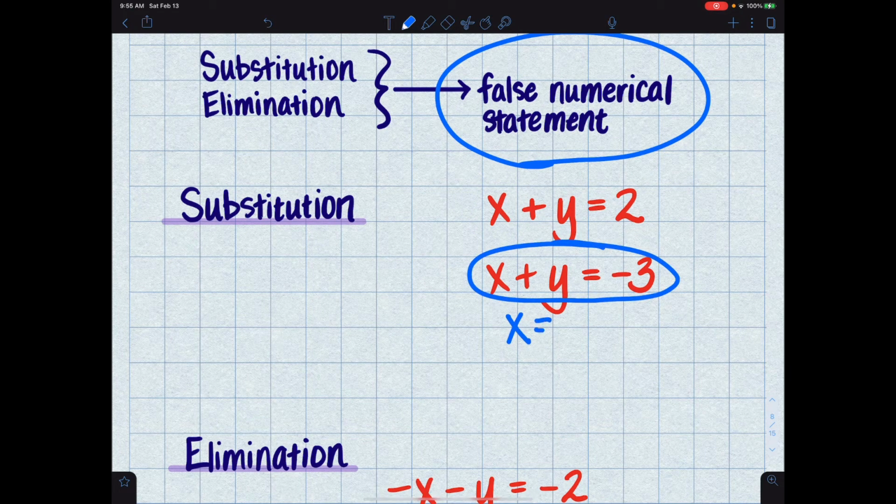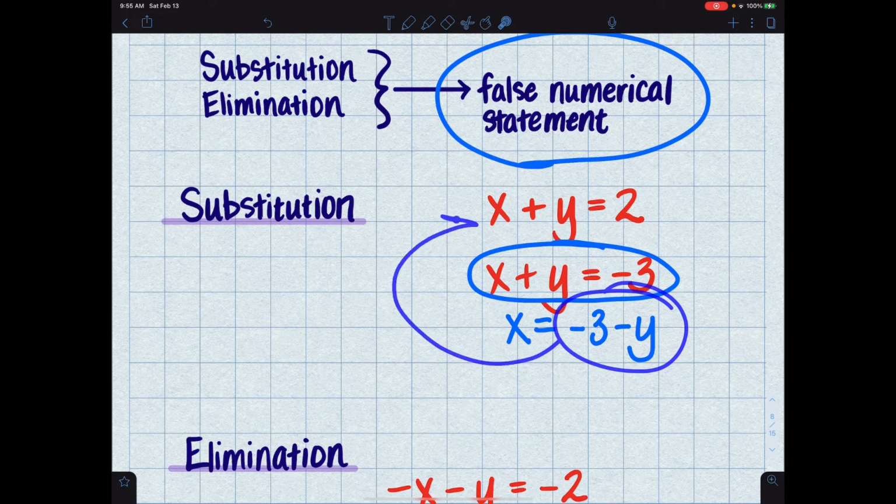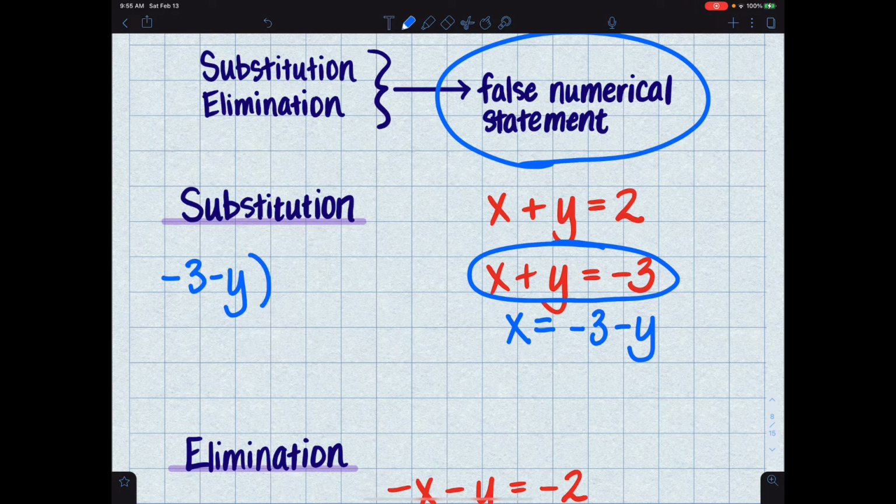So this is going to be x equals -3 minus y. Okay, so now we've got an expression for x. I'm going to plug this in here, so I'm going to get -3 minus y plus y equals 2.